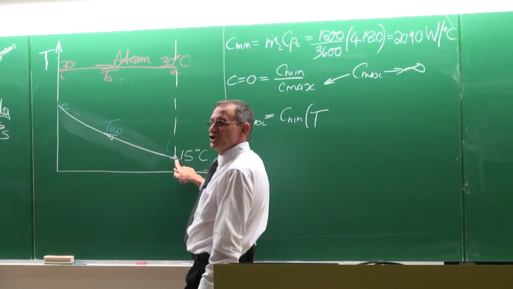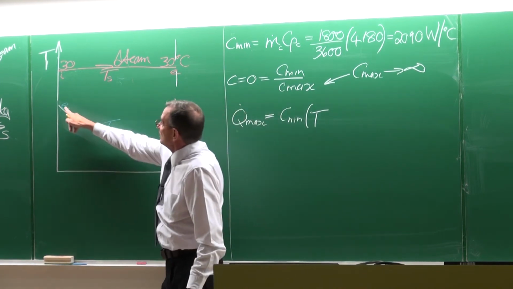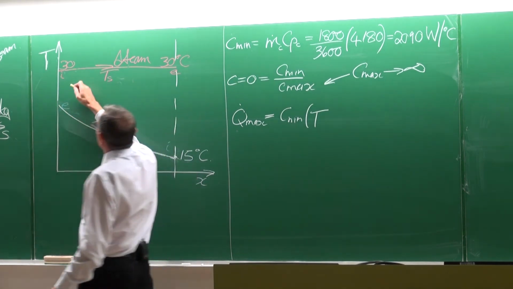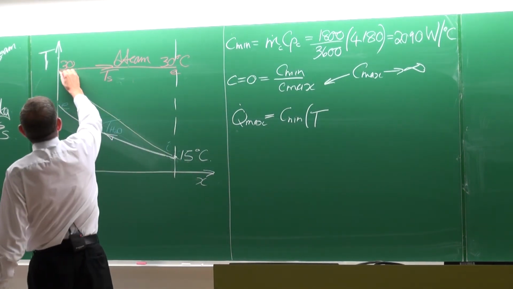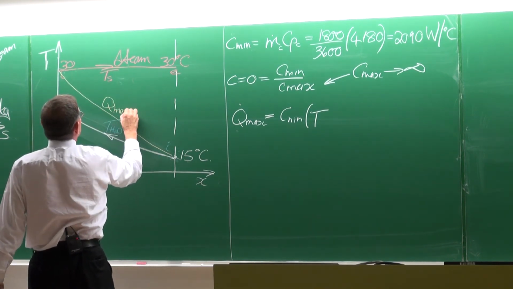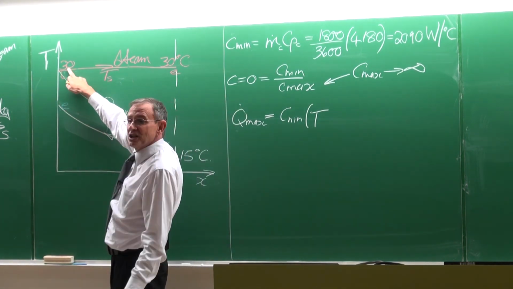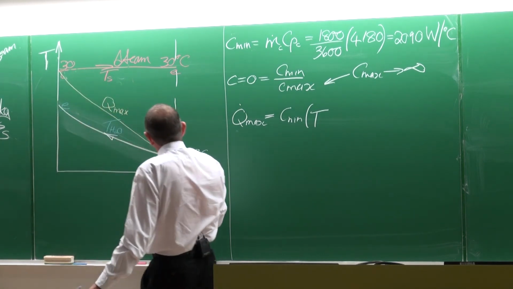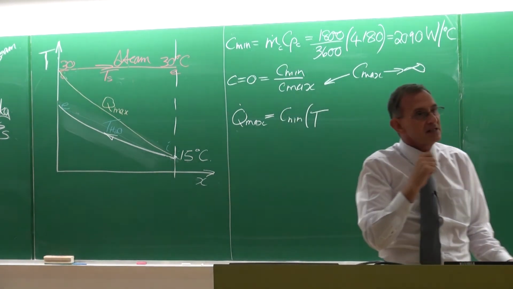If the inlet temperature is 15, the maximum will be if this outlet temperature is 30. You agree? Therefore, it should be something like this. That would give us the path for Qmax. Remember, that outlet temperature can never be more than 30. It can only change from 15 to 30. That is the best you can do.